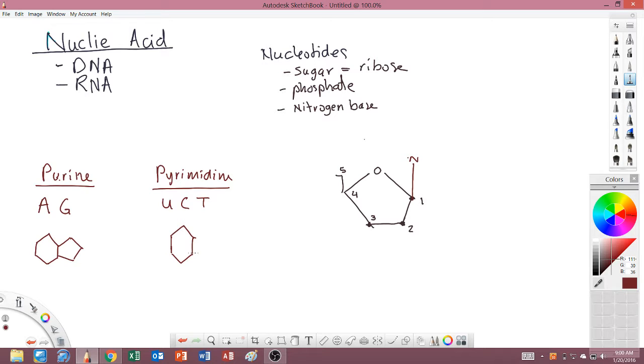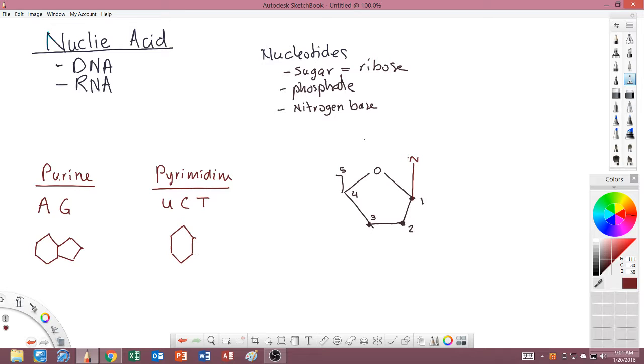Now, when you get confused, think of a gold ring. G for gold, A for a gold ring. If you want a ring made of gold, would you want 1 or 2 rings, 2 diamonds? The more the better. So pure gold, you want a lot of it. So it has 2 rings, pure gold.